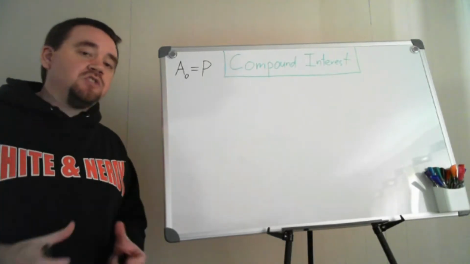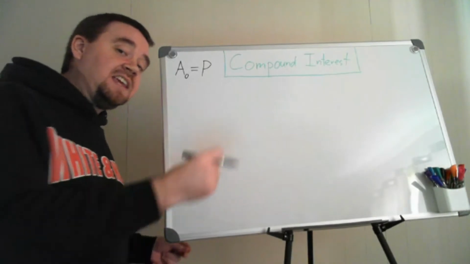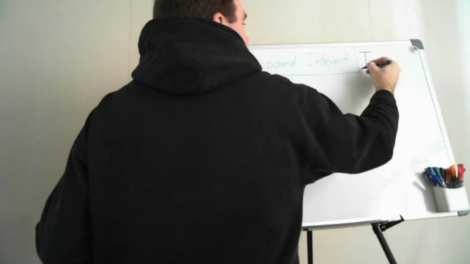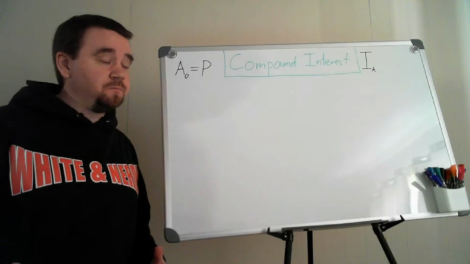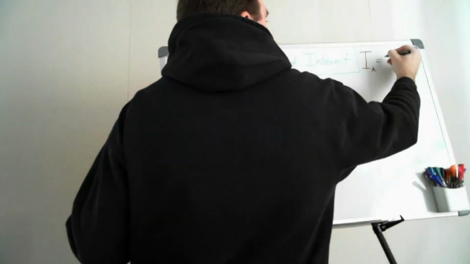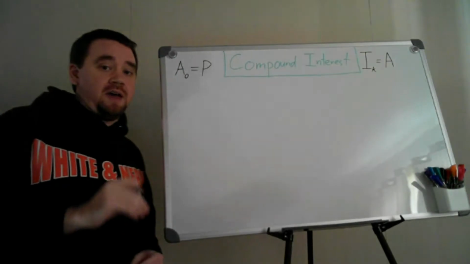Okay? Next we're going to think about interest and how it's earned. So we're going to look at interest at any given time period. So again, we'll use capital I, but this time I'm going to put a subscript on it. I'm going to say at some time period k, or some compounding period k. And I'm going to say this is the interest earned on the principal, or more accurately, the amount of money accrued up to that point.